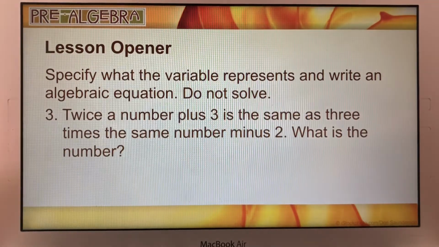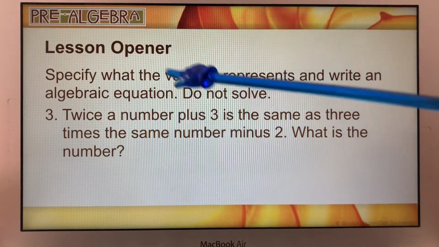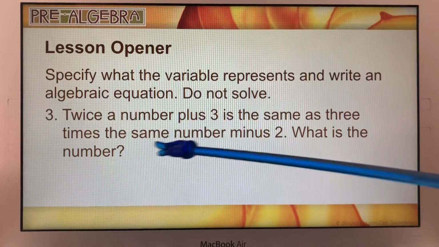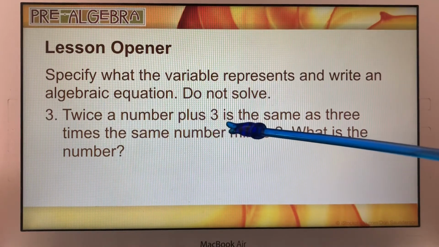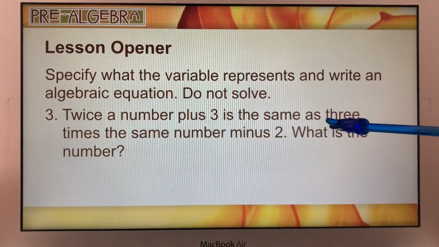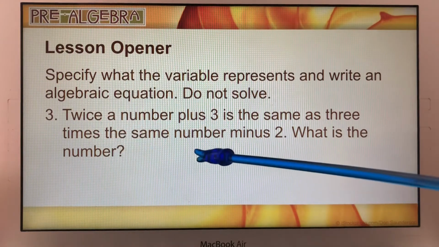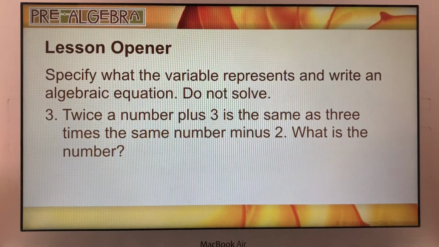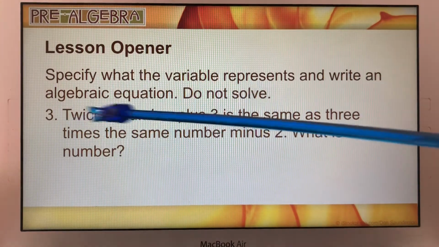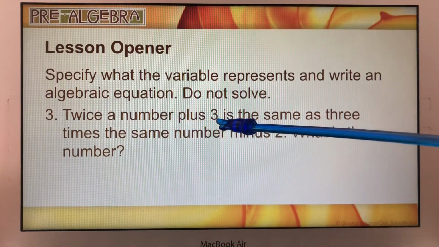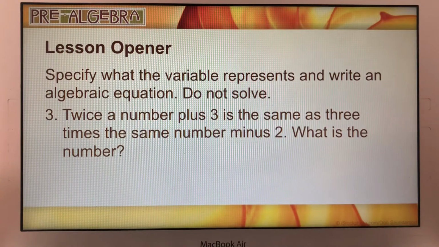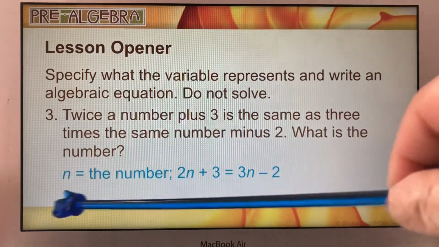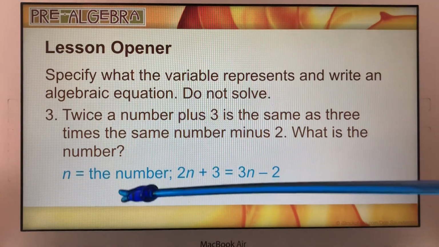Now, for the next one, again, let's try to define what our variable is. Twice a number plus 3 is the same as 3 times the number minus 2. What is the number? Okay, so twice a number plus 3. Let's say n is our number.